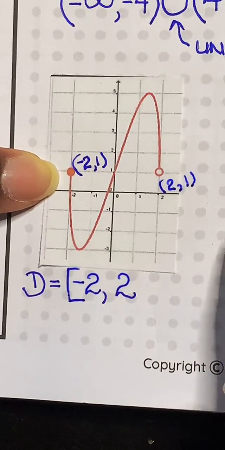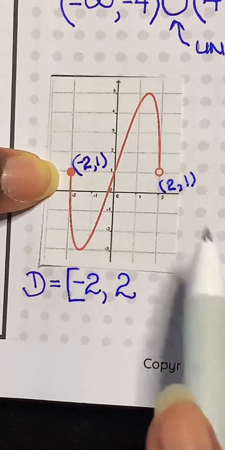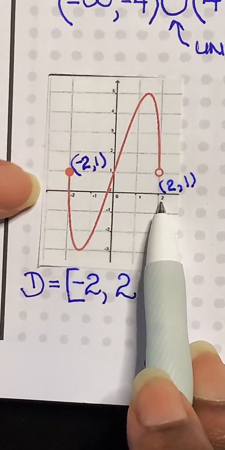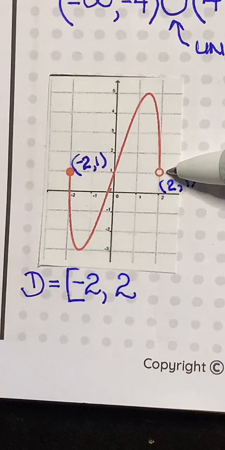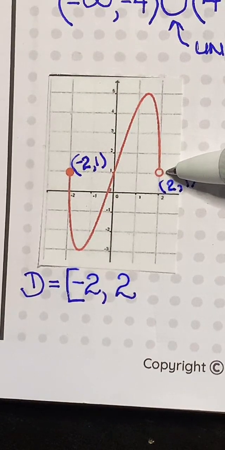Good. All right. So now, right here, we're at +2. I notice at +2, it's not a closed dot. It's an open circle. So am I going to do a bracket or a parenthesis? Okay. Jan saying parenthesis. Chobani saying parenthesis.